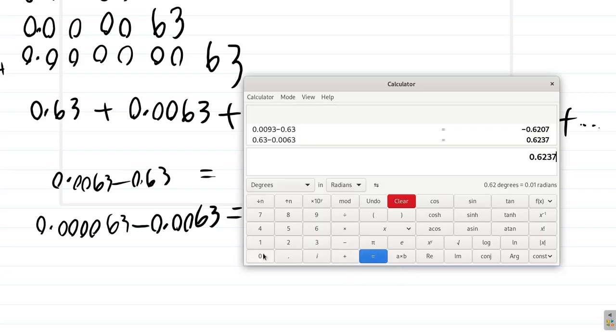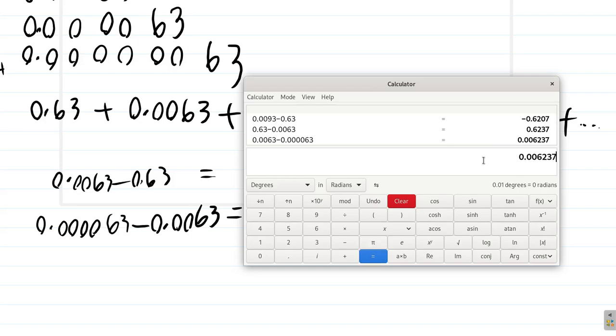Okay, with the other one, if we say 0.00000063 minus 0.0063, we get a different number. So it is not an arithmetic progression.